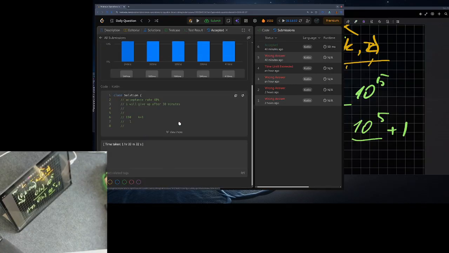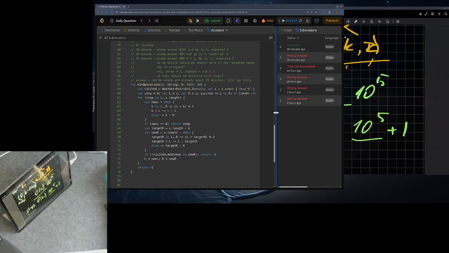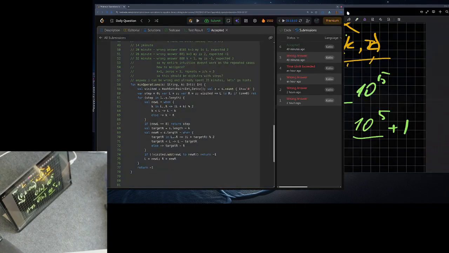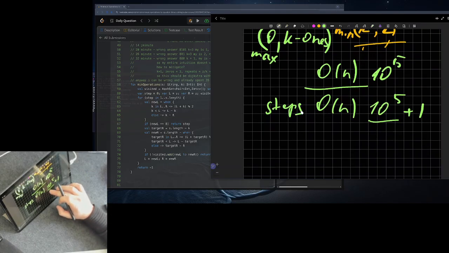So I consulted Gemini, and he found this nice little solution. I will explain what I understand from it. So this is not my intuition. Now I'll try to explain what I understood.